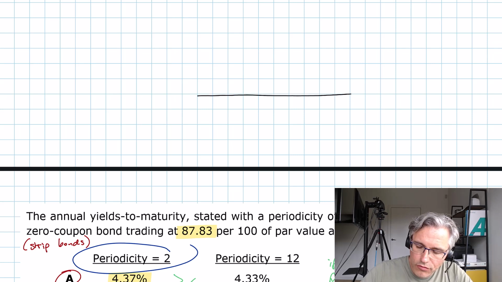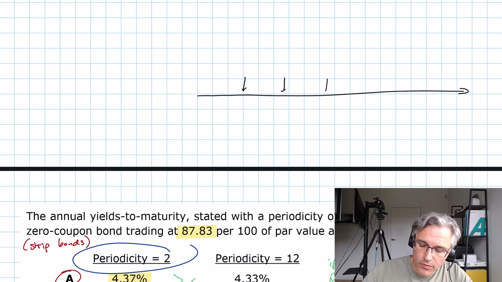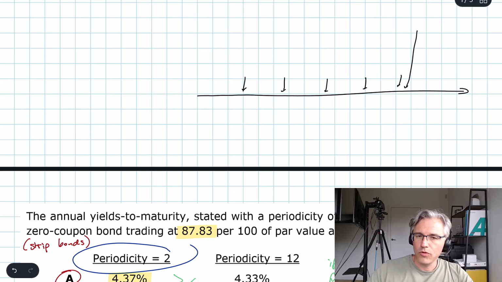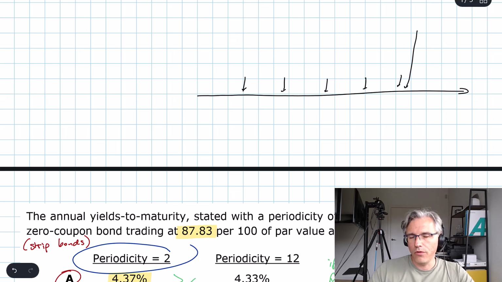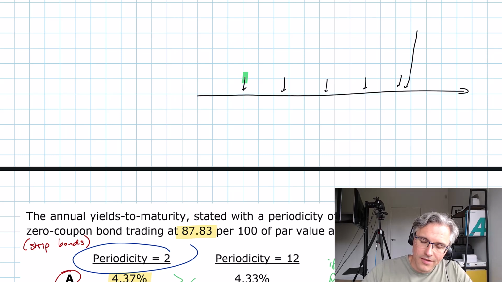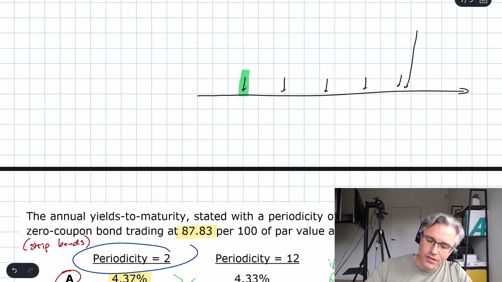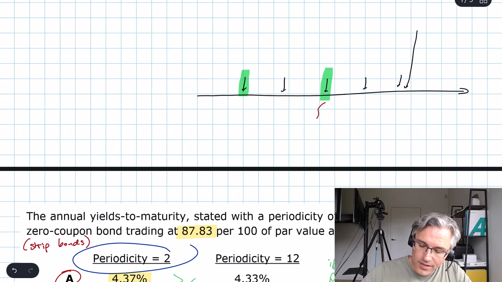If you take a coupon bond, a bond that pays a coupon here, a coupon here, a coupon here, a final coupon here, and principal as well on its maturity date, what institutional investors can do is buy this bond, which is basically a package of future cash flows, and strip it apart. You can take this cash flow and turn it into an individual bond. You can take this cash flow and turn it into a separate security.